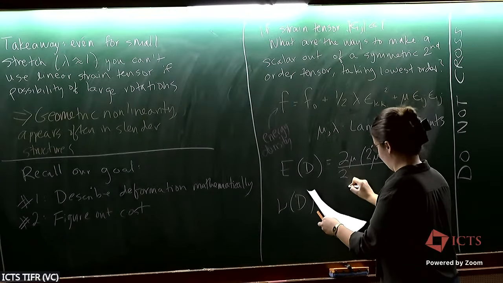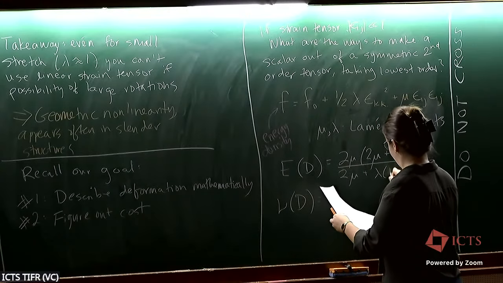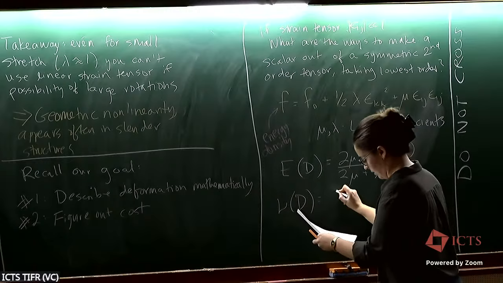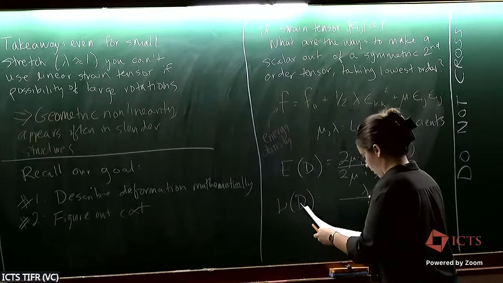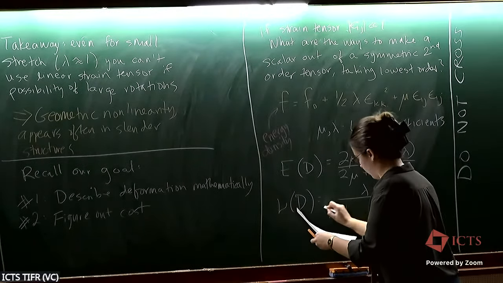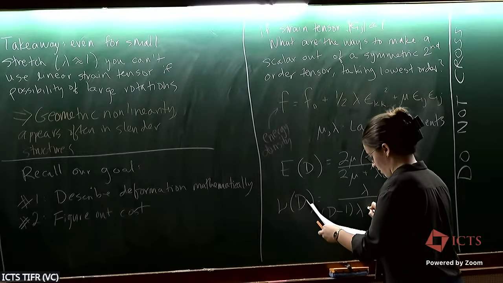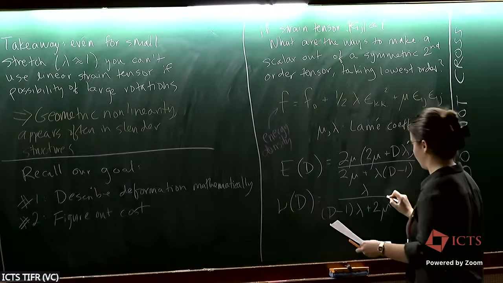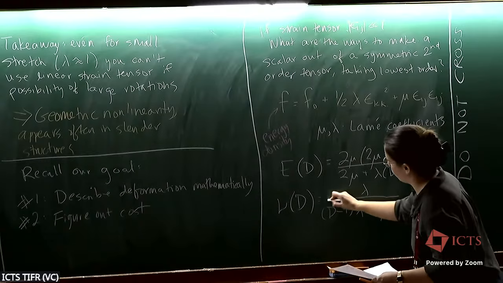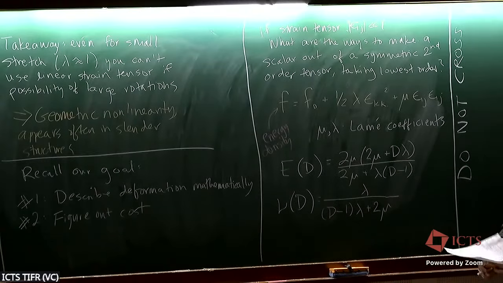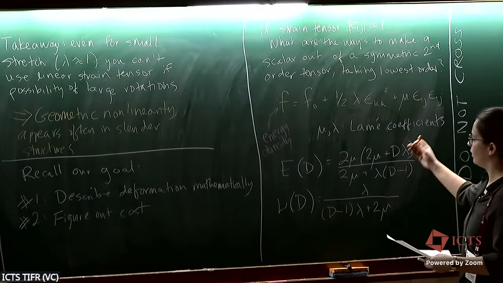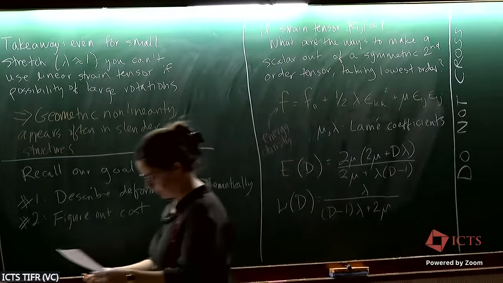I wanted to share these in case they are useful to folks, but the Lamé coefficients have units of energy density regardless of what dimension you're in, and so it's convenient to define these other quantities in terms of them. So you might see in the literature 2D Young's modulus, 2D Poisson's ratio. These are the ways that you would get these from this equation.